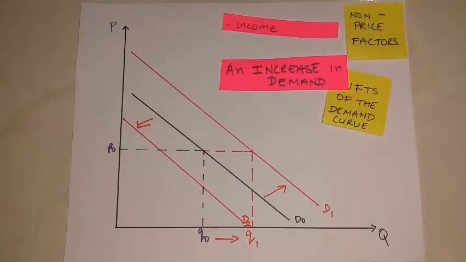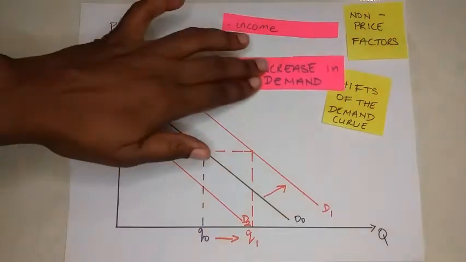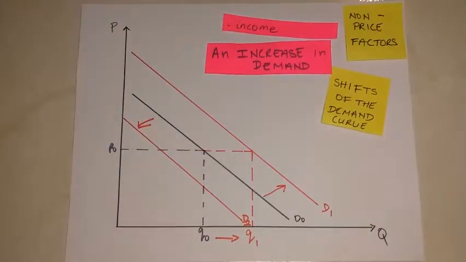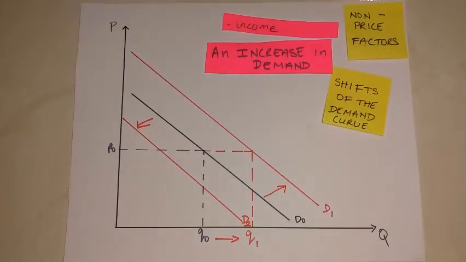If, for example, we had a fall in our income, let's say we lost our job, or got a lower allowance, we would have less money to spend. So even though the price of the good or service did not increase, we are still demanding less.